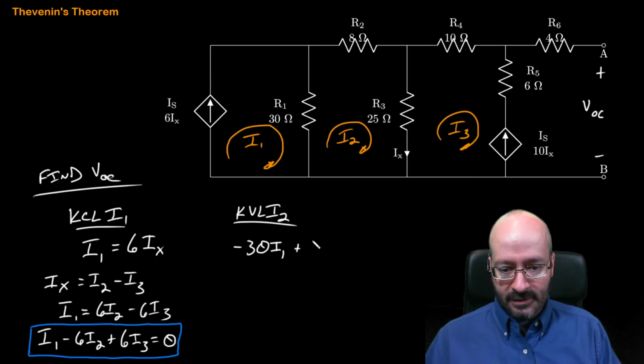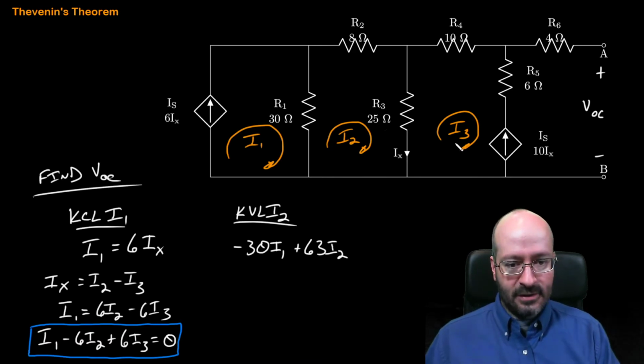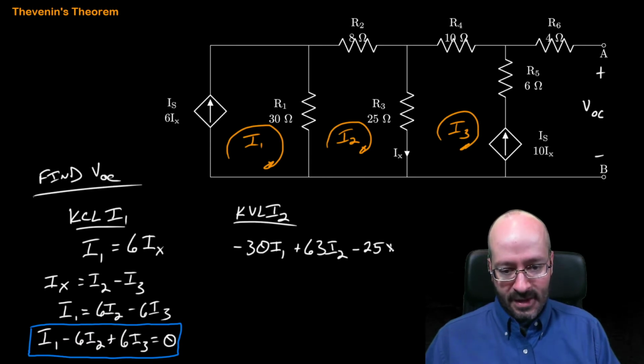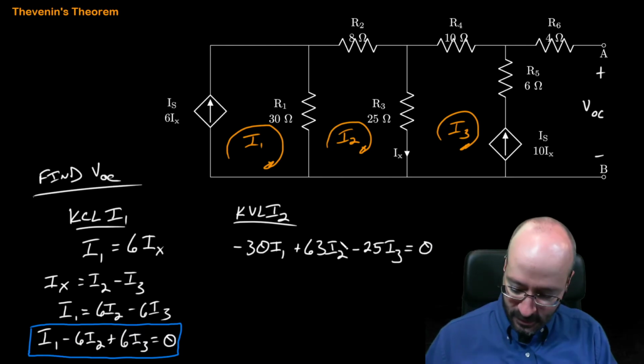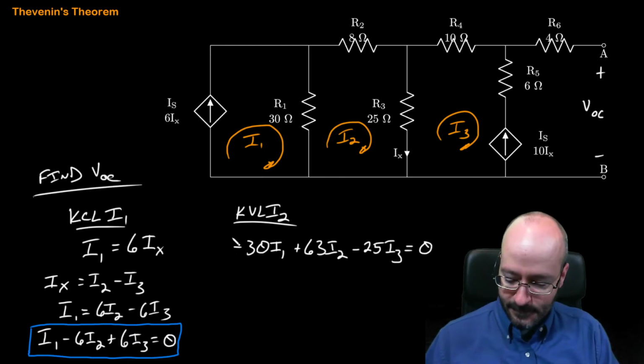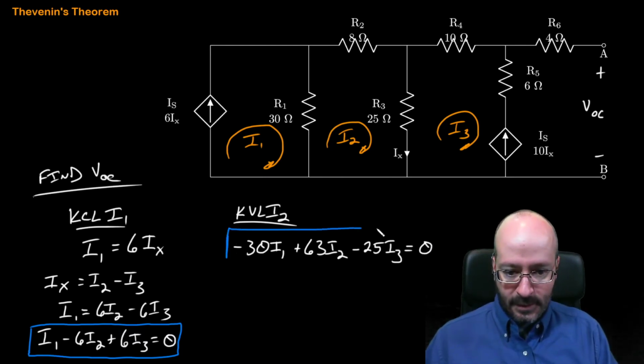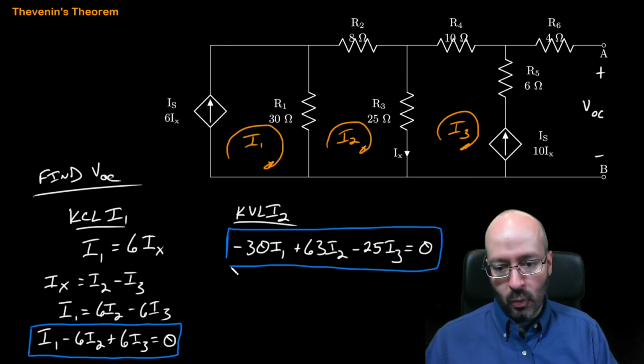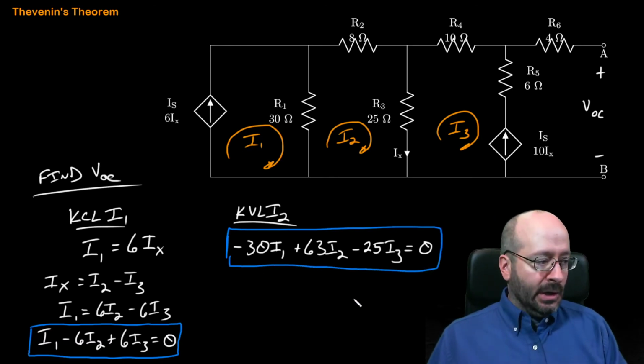So that's plus 63 I2. And then what does I2 share with I3? It shares the 25, negative 25 I3. There are no sources, so that's equal to 0. That's our second equation. We only need one more.